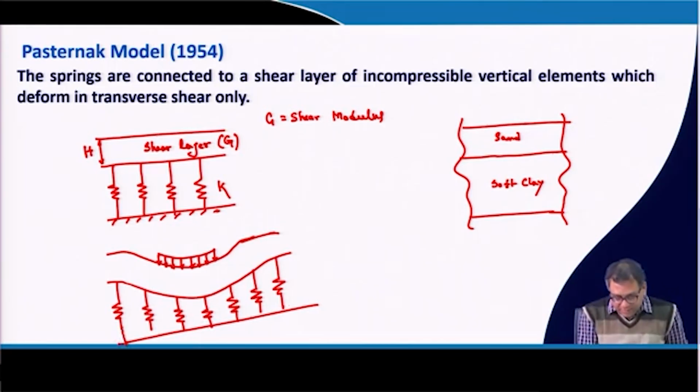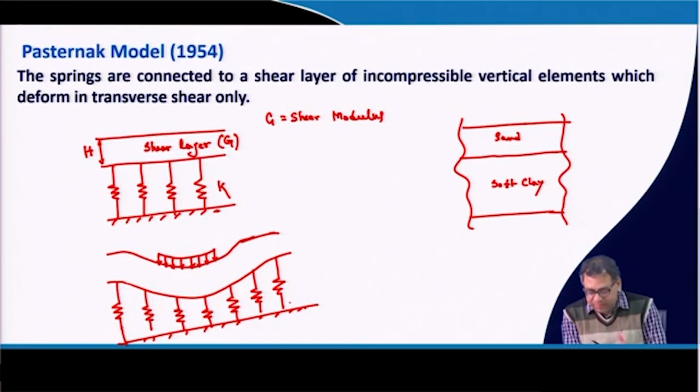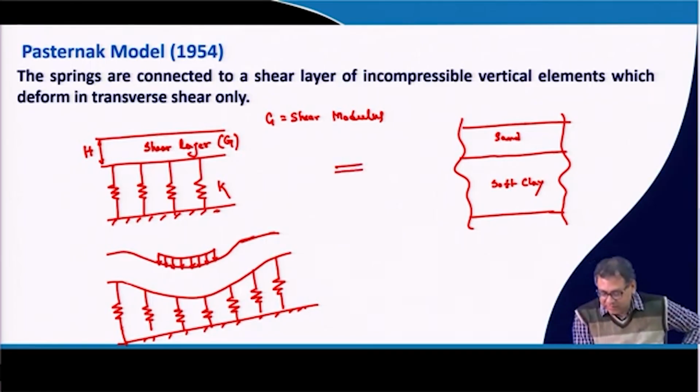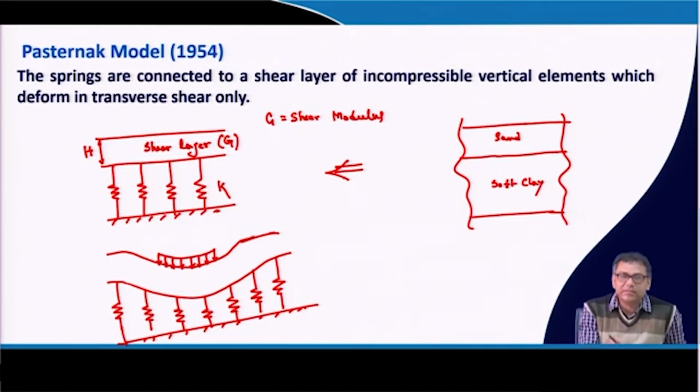You can see that not only the loaded region, the region beyond the loaded zone is also deformed because of this connection between the springs and the shear layer. This represents the condition where the sand layer is represented by the shear layer, and the soft layer is idealized by the springs. So, we can determine the shear properties for this sandy soil.